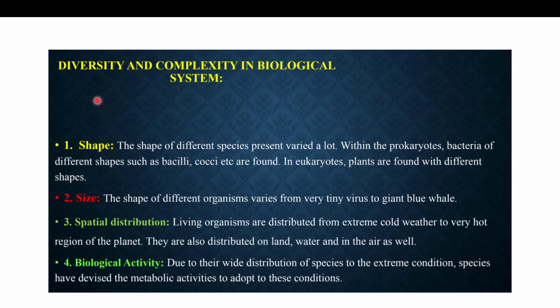Now, the diversity and complexity in biological systems is mainly based on the shape of different species, which varies a lot. Then the size of different organisms can range from a very tiny virus to a giant blue whale.